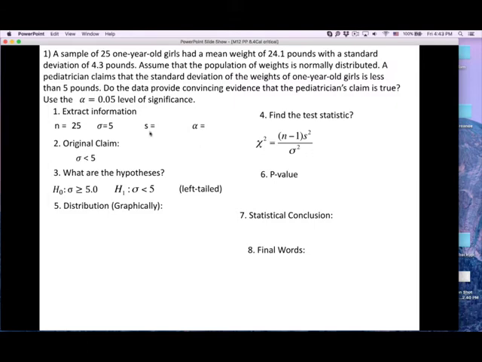And then the s here will be the sample standard deviation, which is going to be 4.3. Significance level will be 0.05. Okay, plug into the formula here. You should get 17.75.